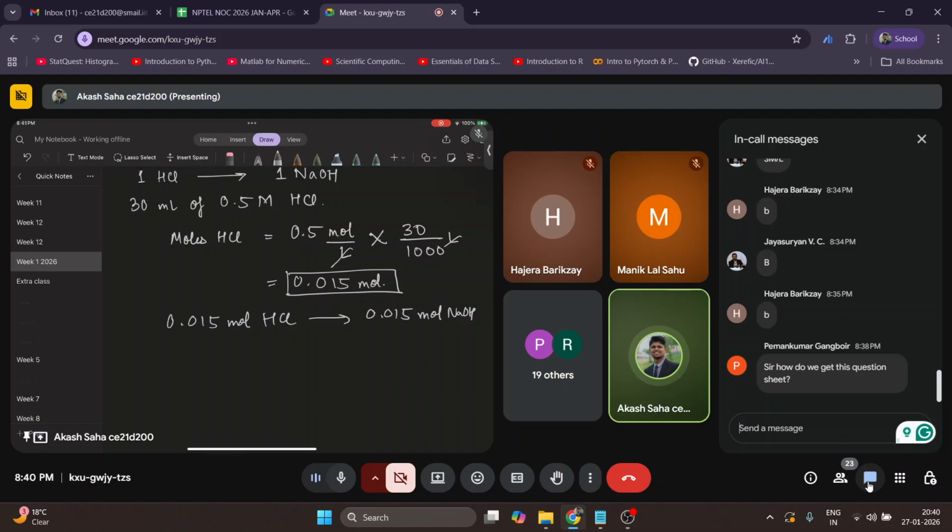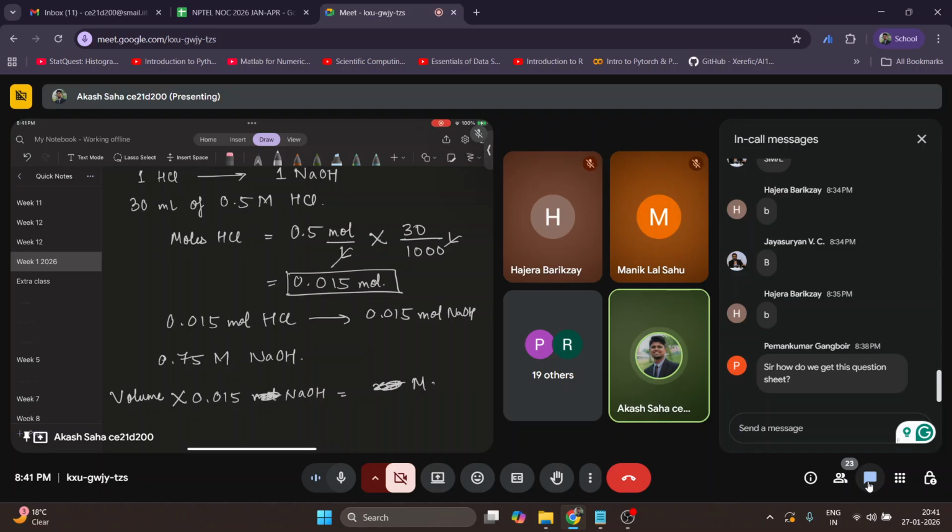Now in the question, it is given that we have 0.75 molar NaOH. So what will be the volume? Very simple. We have 0.015 mole of NaOH, which is equal to the molarity into the volume.